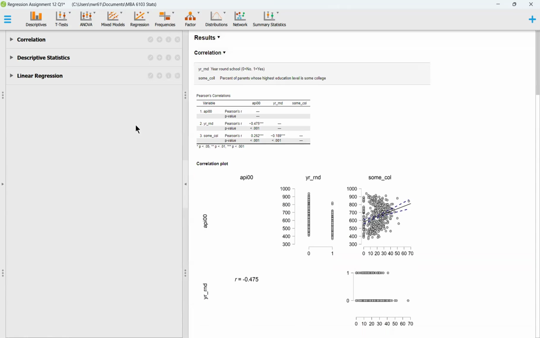What's that? I really don't like that. Okay. Year round, for their Pearson's R is just making sure real quick.